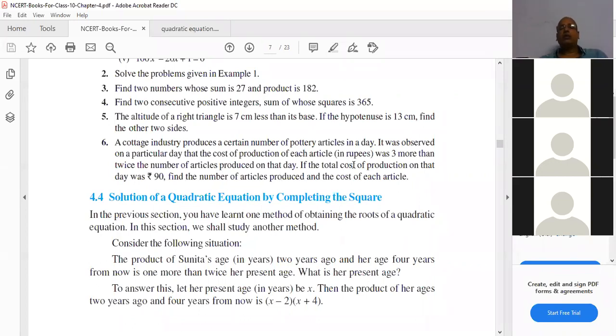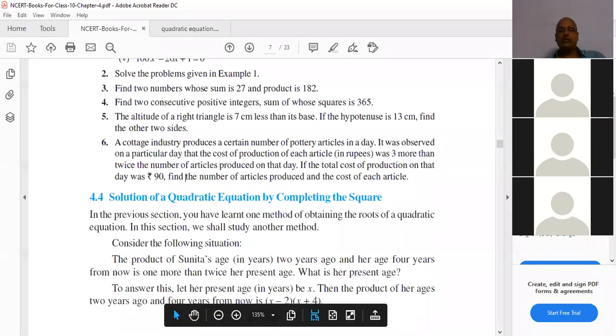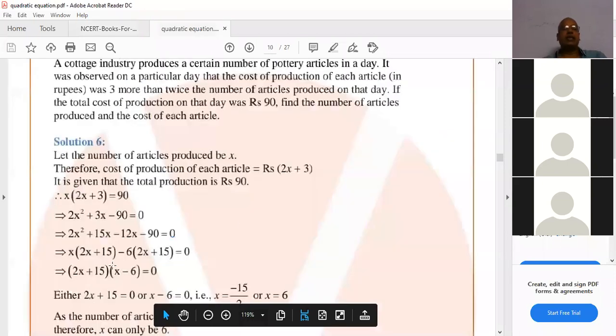Now, the total cost of production on that day was 90 rupees. Total cost of the production means the cost of the production of each article multiplied by its number of articles. That means x of (2x plus 3) is equal to 90. So let the number of articles produced be x.